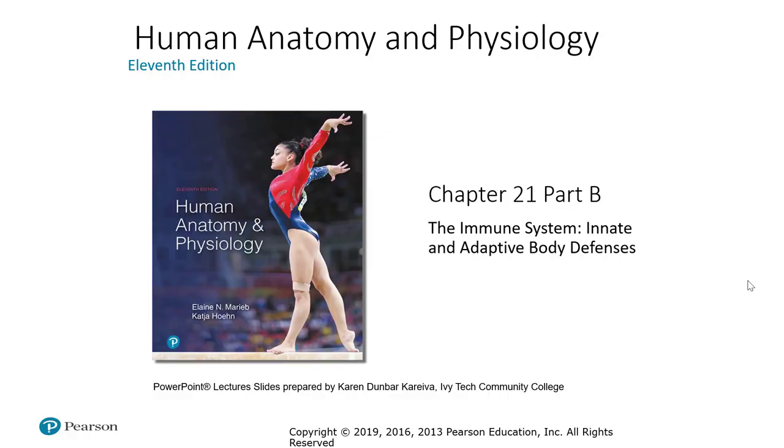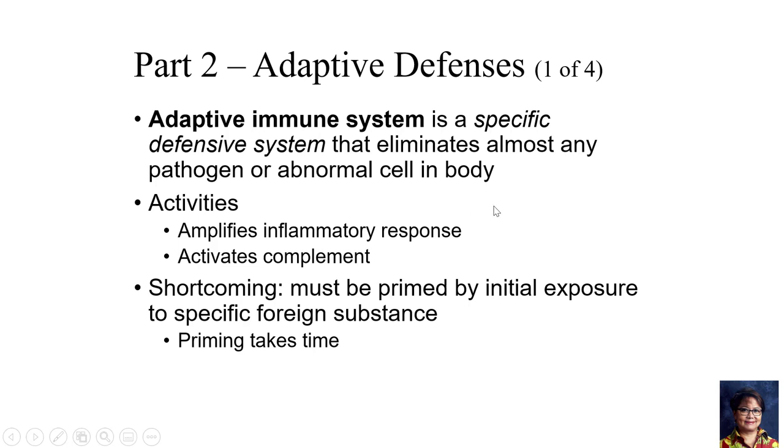This is now a continuation of the immune system after the first one, the innate body defenses. We're now going to get into the adaptive body defenses. The adaptive immune system is very specific. It's a specific defense system that eliminates almost any pathogen or abnormal cell in the body.